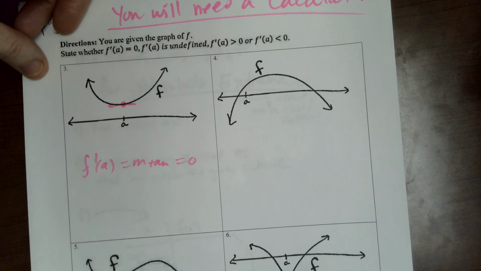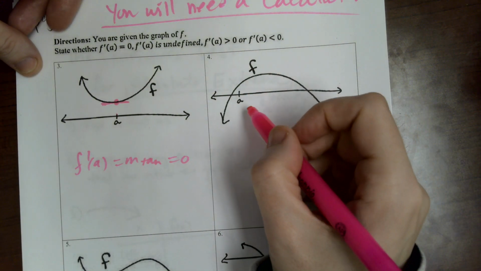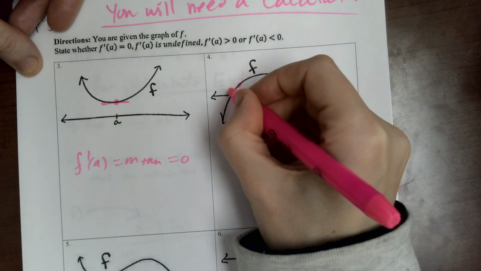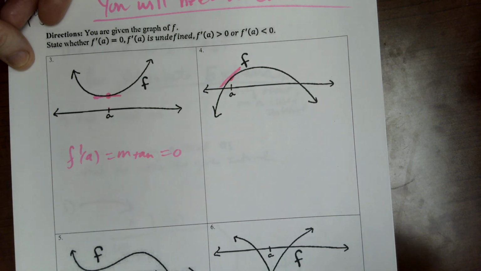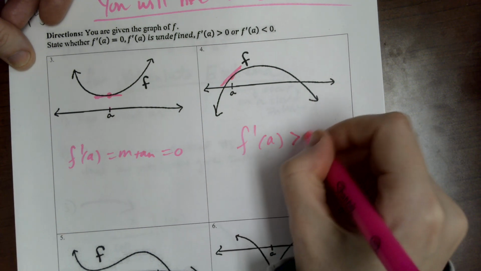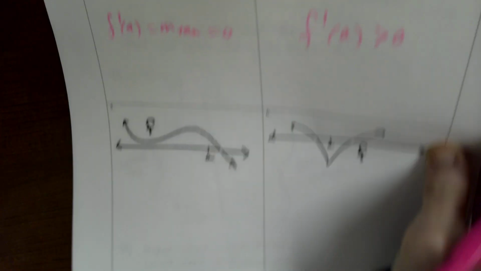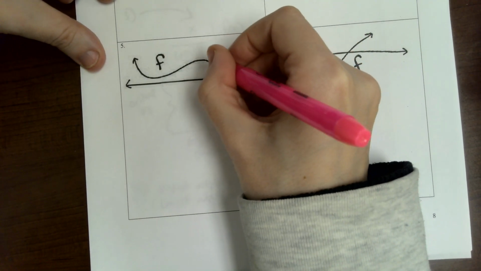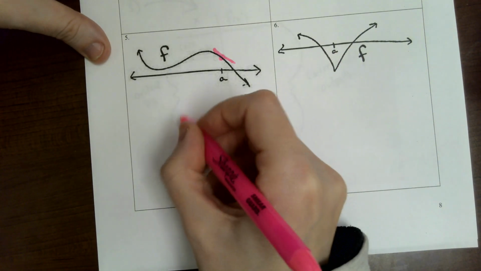Okay, and then this next one, go to A, go up to the graph. All right, in this case, it is positive. And again, there's the tangent line.